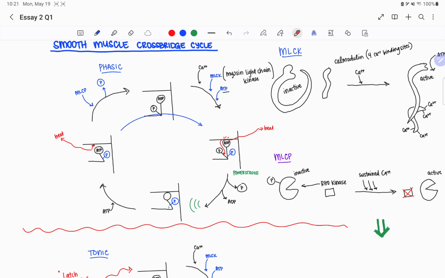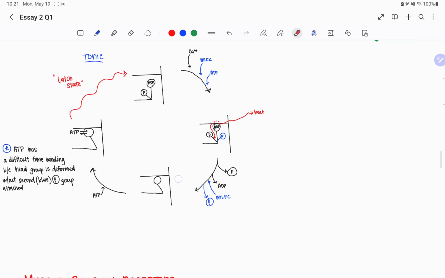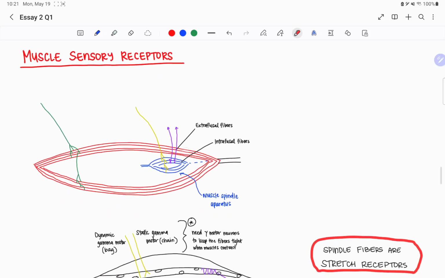If you remember talking about IP3 and all that stuff in a past video. So that's where phasic gets its sources of calcium. Tonic gets its sources from extracellular channels.